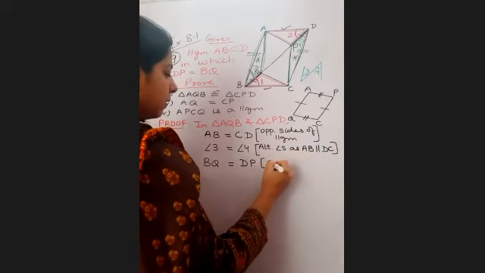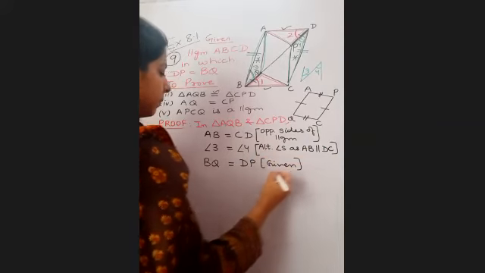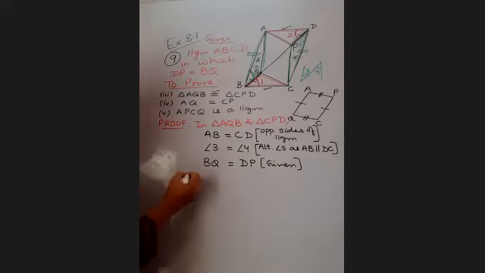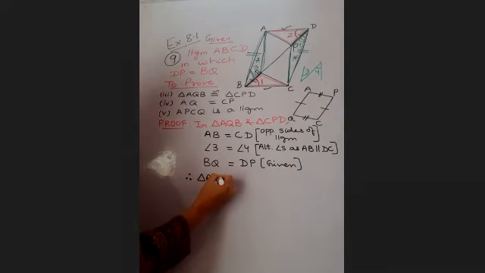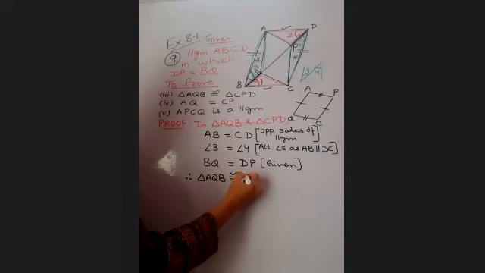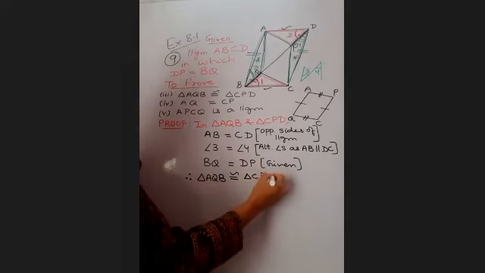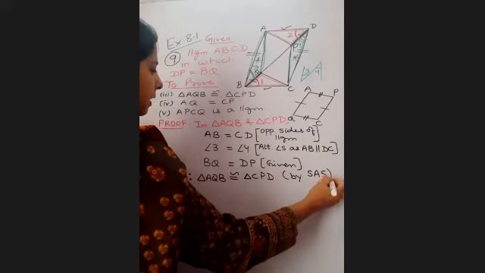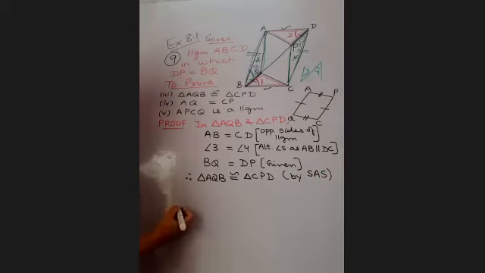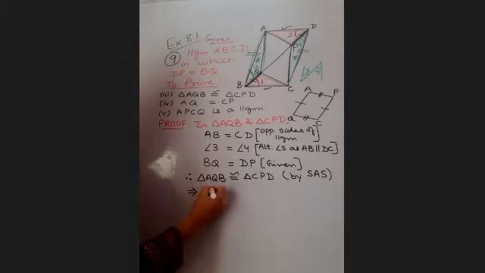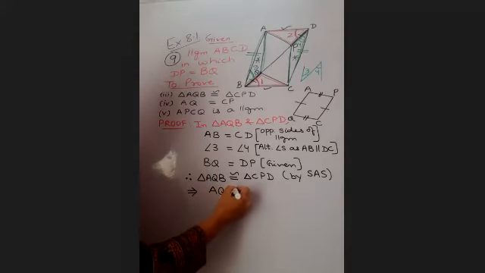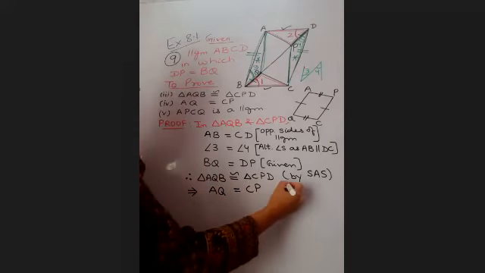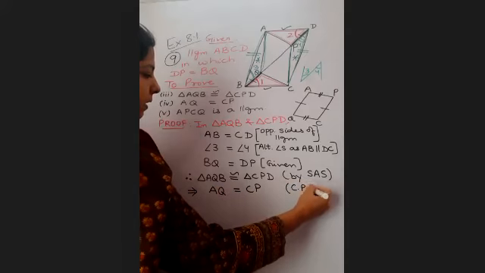And this is given. So therefore, triangle AQB is congruent to triangle CPD by side, angle, side. And this gives me AQ is equal to CP by CPCT.